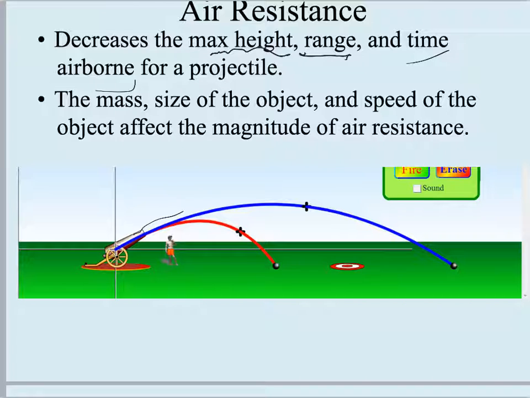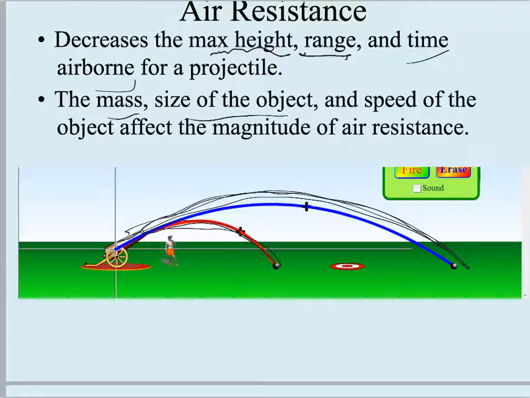The blue here is supposed to represent no air resistance at all. But if we include air resistance, we notice that this red doesn't go as high, doesn't go as far, and certainly wouldn't stay in the air for as long. And of course, the mass of the object, the size of it, the speed, all of these affect how strong the air resistance is going to be.